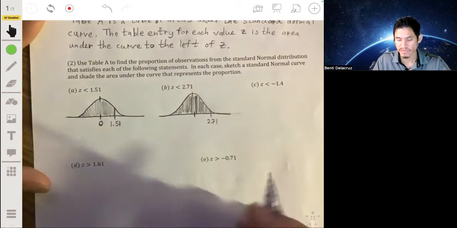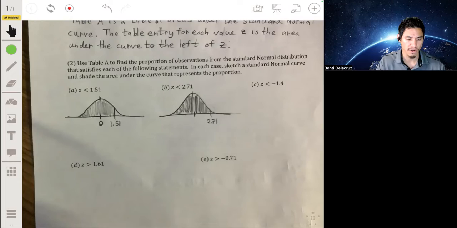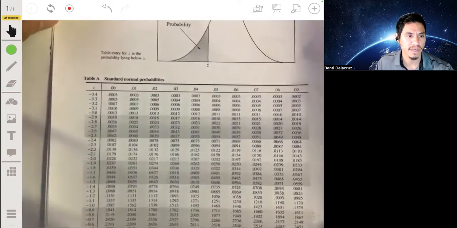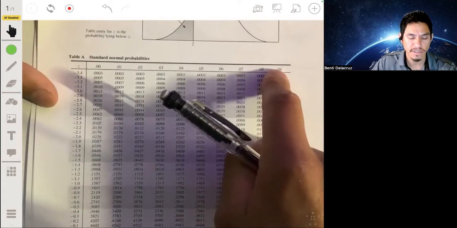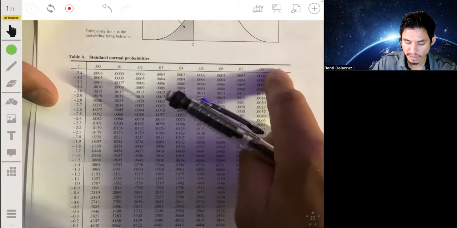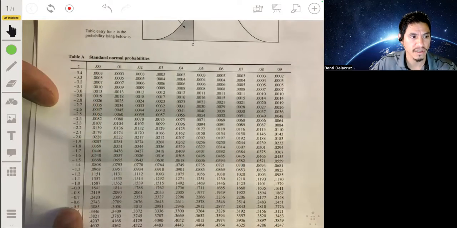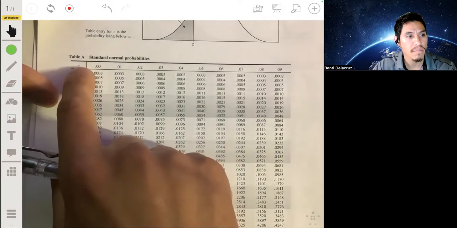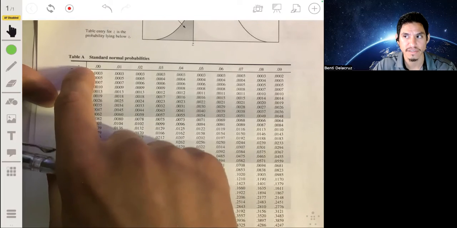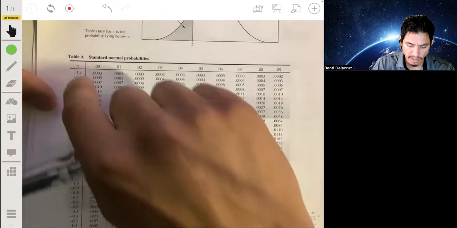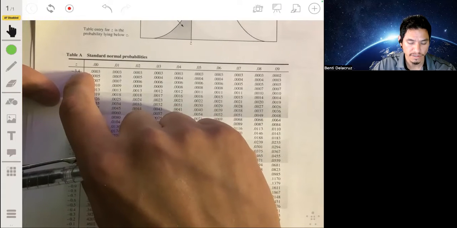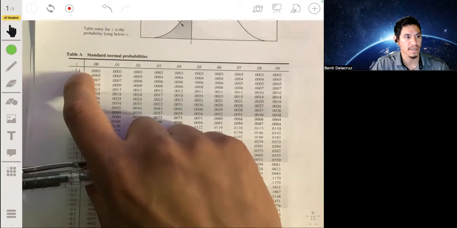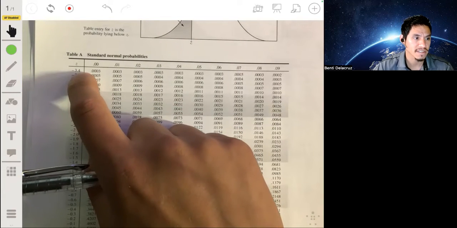Okay, so let's first do these two examples. In your table, on the outer margins, the top row and the left column represent the digits in your z value. The left column represents the first 2 digits, the singles place and then the tenths place.